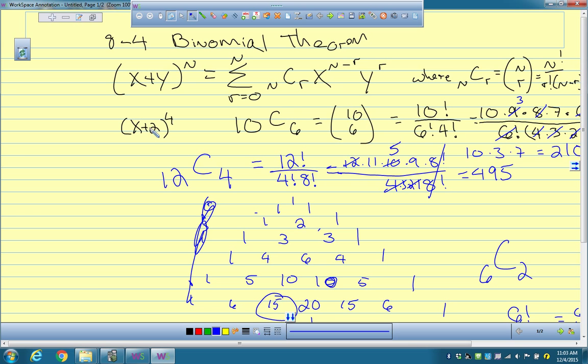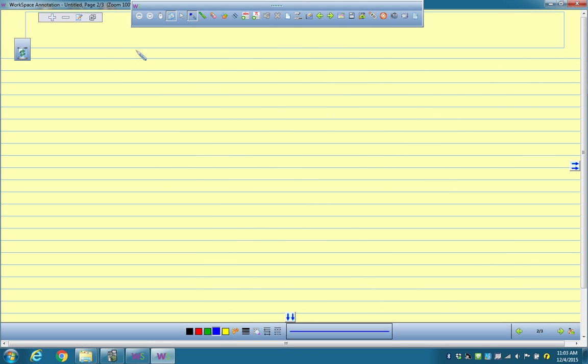Okay? So for example, we're going to go to x plus 2 to the 4th. Rather than memorize this big horrible thing, it's easy to just look for the pattern, which I'm going to show you. For x plus 2 raised to the 4th power, you would start off with 4 combination 0.